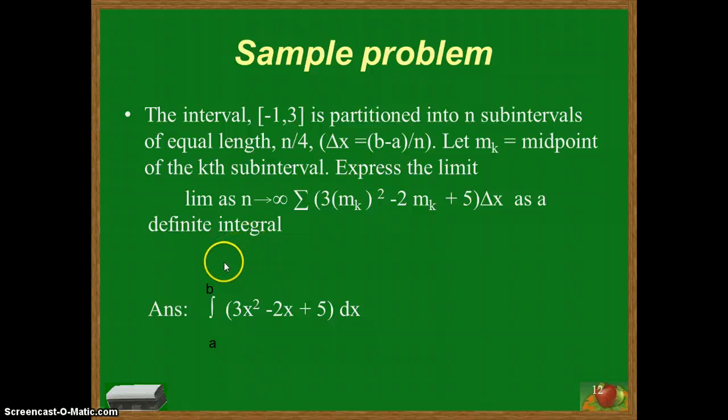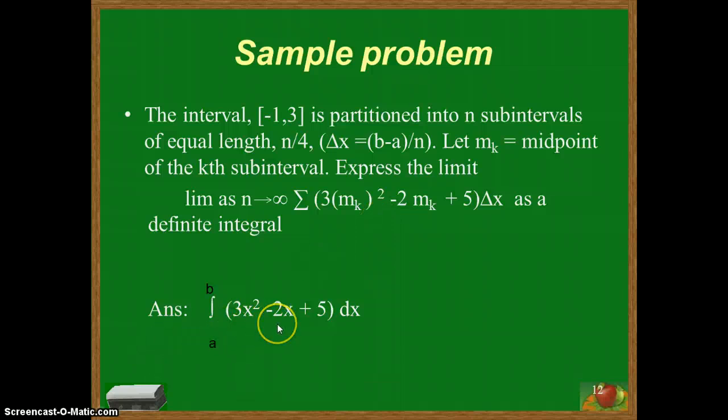The way you would write that is the definite integral from a to b, so from -1 to 3 of 3x squared minus 2x plus 5. We're replacing the mk with x. So we're saying that this limit of this Riemann sum is equal to the definite integral.